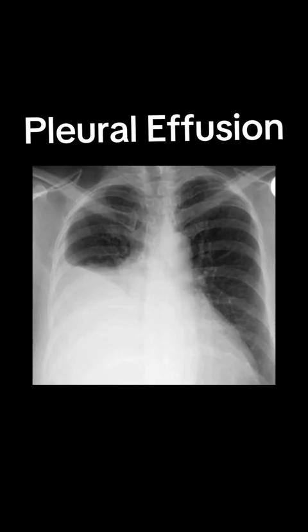So first, we need to see the ratio. We're going to compare the pleural fluid to the serum. Firstly, the ratio of pleural fluid protein to serum protein should be more than 0.5. If it's more than 0.5, that matches the diagnosis of exudative effusion.